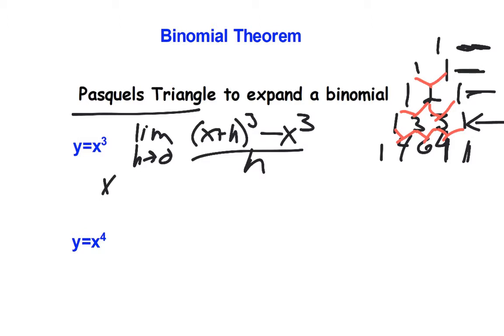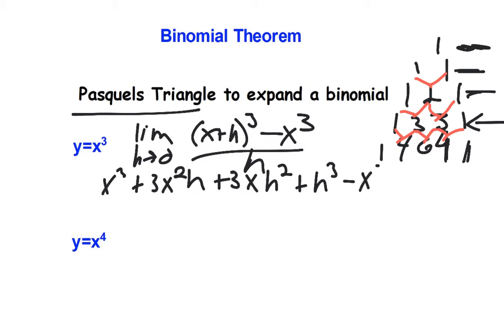This is going to be x cubed plus 3x squared h plus 3xh squared plus h cubed, minus x cubed, all over h. These two are opposite, they cancel out, go away.